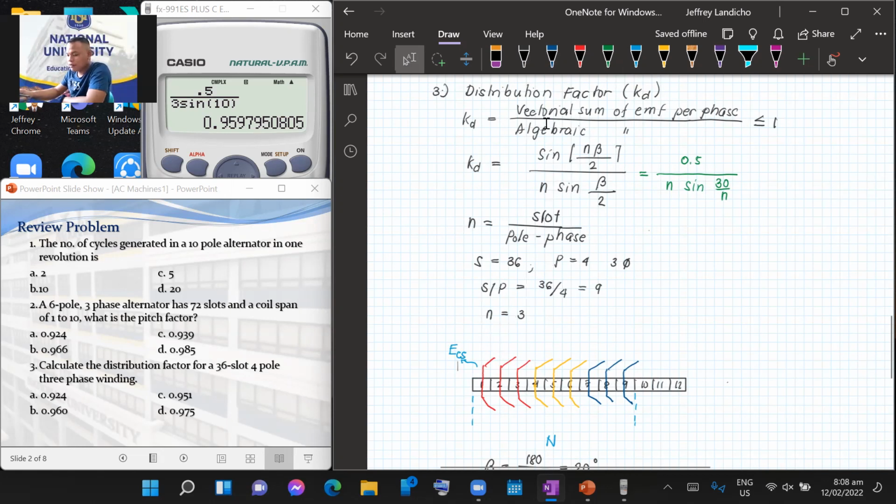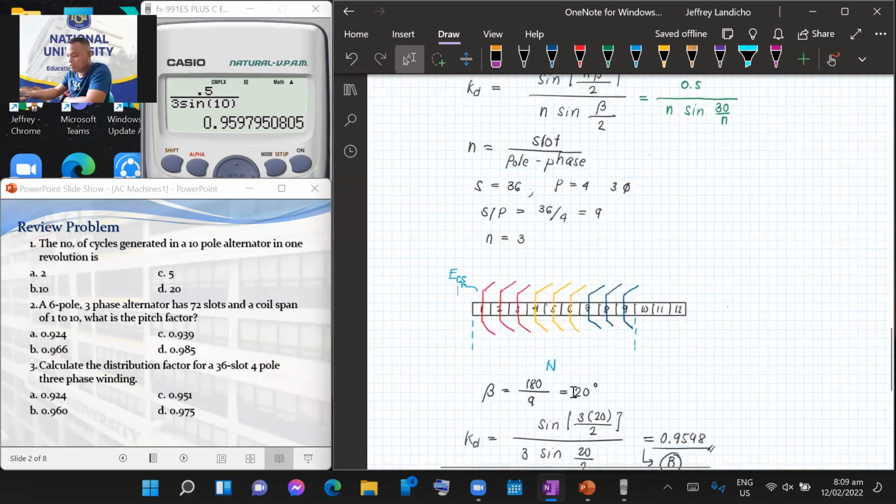Now, saan natin kukunin yung vectorial sum? So, kung dito, coil A, alam natin tatlong slot sila at ang pagitan ng bawat coil is ilan? Isang slot. Kada isang slot, ano ba electrical degree? 20. So therefore, ang magiging angle nitong ating second coil, that is whatever this equivalent electrical degree. So ilan yun?